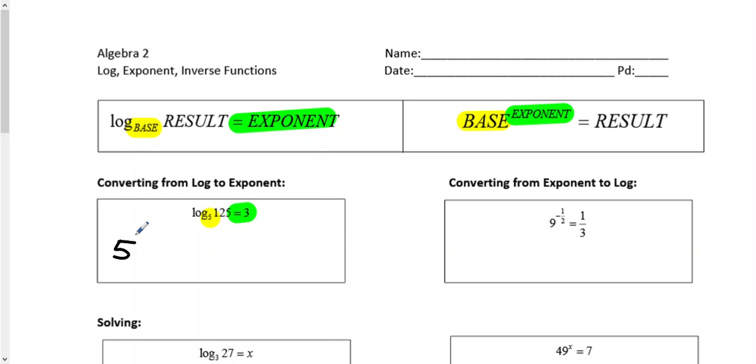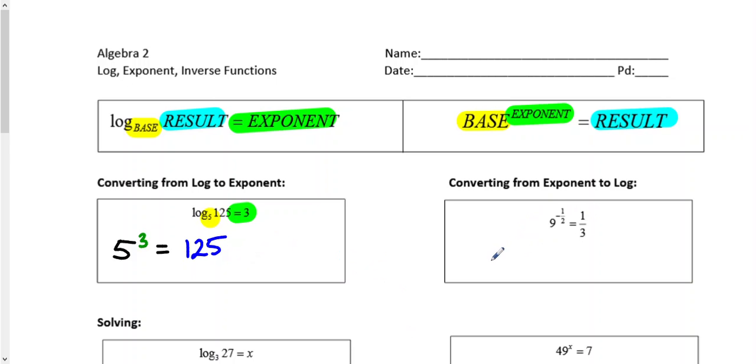So I've got 5 exponent 3 equals my result. And my result is what's written next to the base, or it's what equals the exponent. So in this case, 5 to the third equals 125, which makes sense because 5 to the third does equal 125.